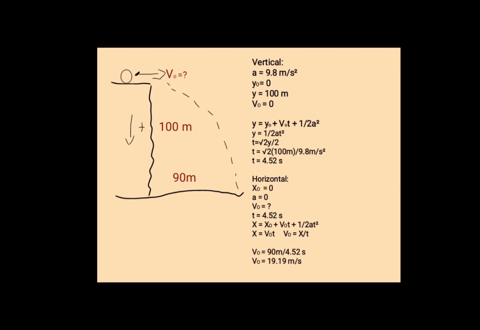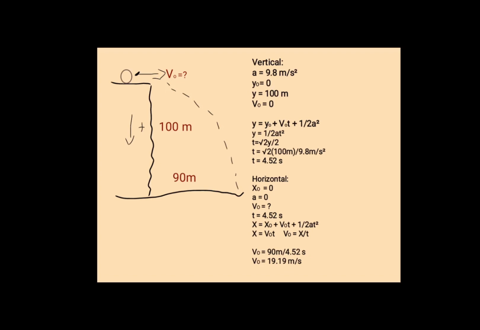or x-axis. Given is x sub 0 equals 0. Acceleration is 0 because there is no gravity in the horizontal. Then time equals 4.52 seconds, and the initial velocity is missing.